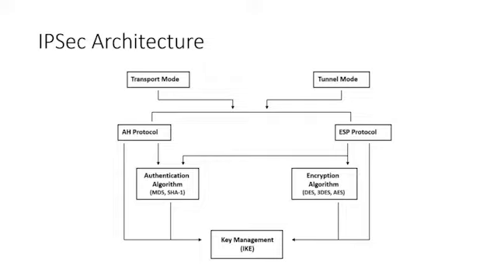But you can see over on the right-hand side, we have the ESP protocol, and it can do authentication algorithms and encryption algorithms. And then we always end up down at the same place. You can see from this architecture that AH is concerned with the authentication algorithms, MD5, SHA, the hashes. ESP is not only concerned with authentication, but also encryption, like triple DES, DES, and AES.